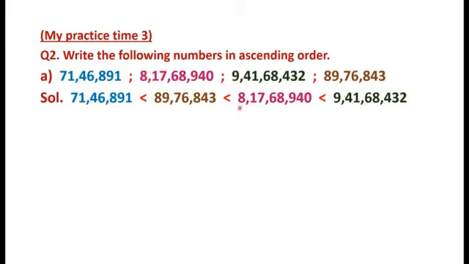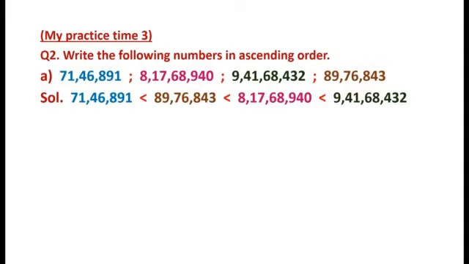So after this one we have written 8,17,68,940, and after that the largest number among all these four numbers is 9,41,68,432. Children, first of all we count the number of digits and compare from the left hand side, and the same two rules are followed while comparing.